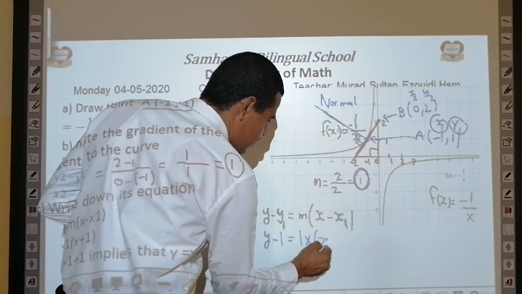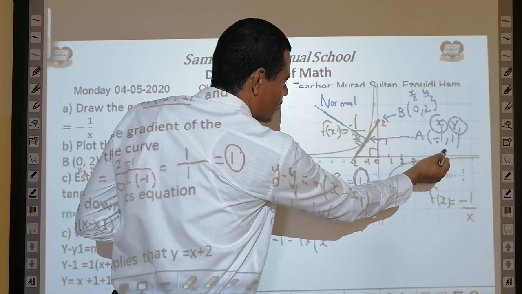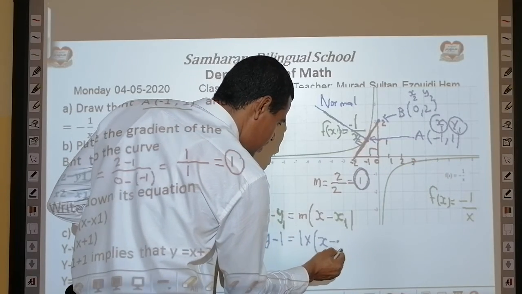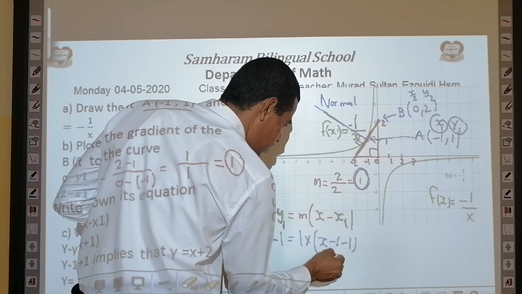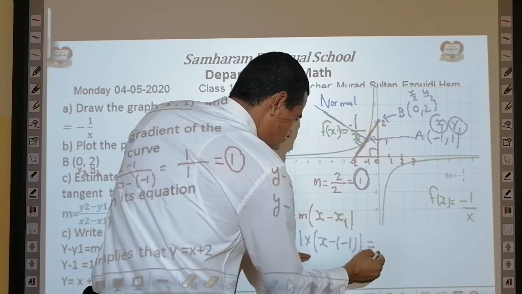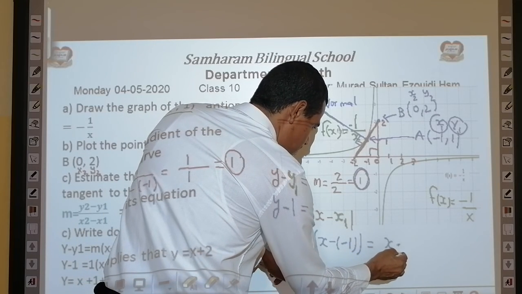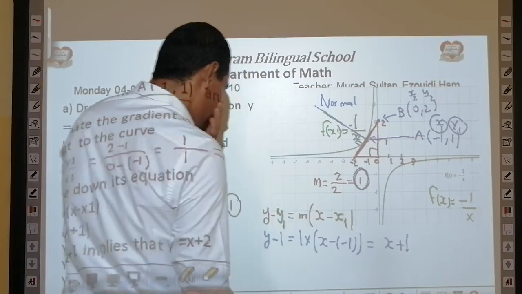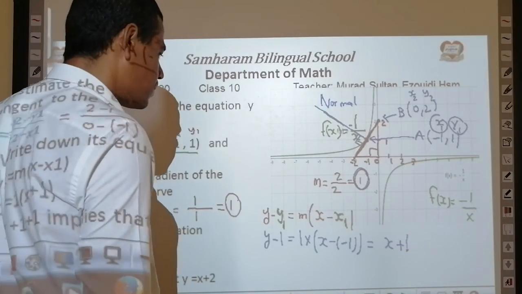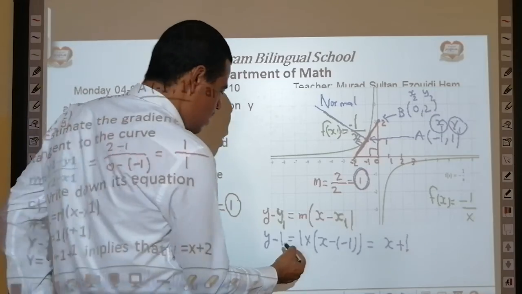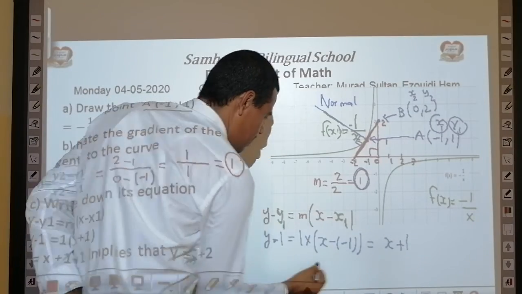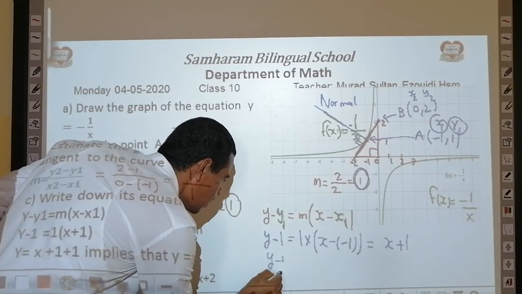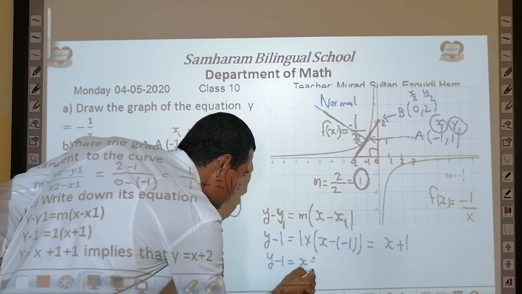Multiply by x minus x1, which is negative 1. Minus negative 1 gives plus 1. So it will be y minus 1 equals x plus 1. Look, y minus 1 equals x plus 1.